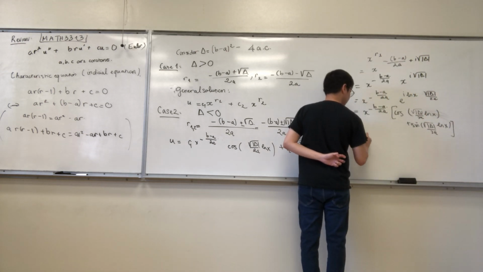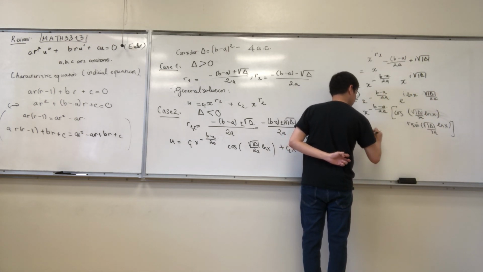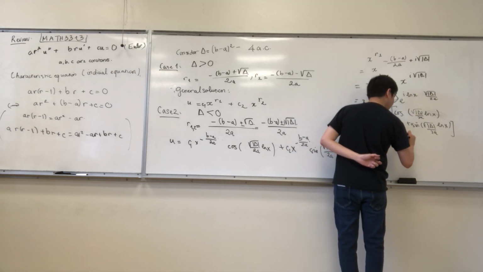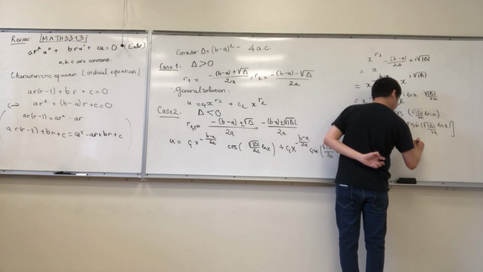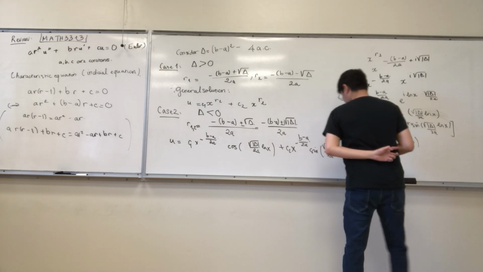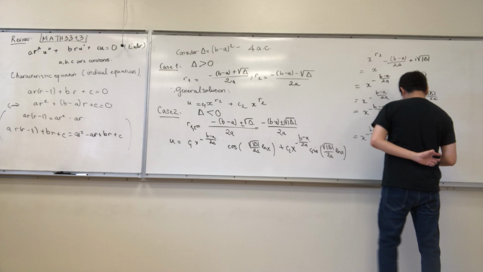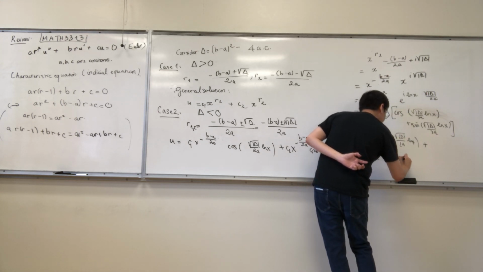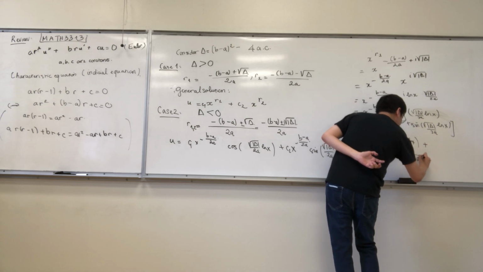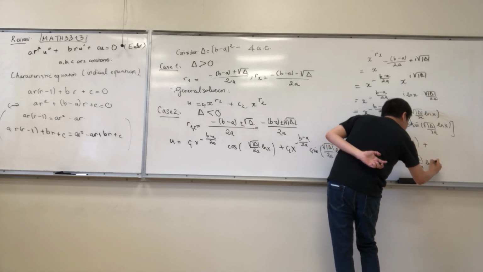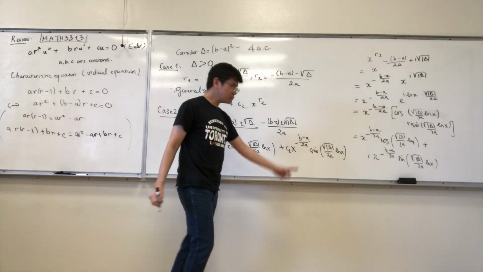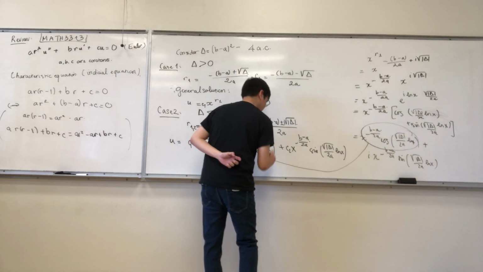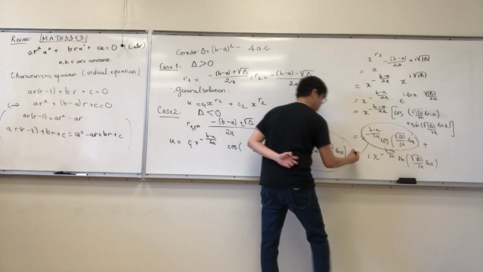Right? So this gives me x to the power b minus a over 2a cosine of square root of delta divided by 2a log x plus i x to the power minus b minus a over 2a sine of square root of delta divided by 2a log x. Alright? So this is giving you the first term, and this is giving you the second term.